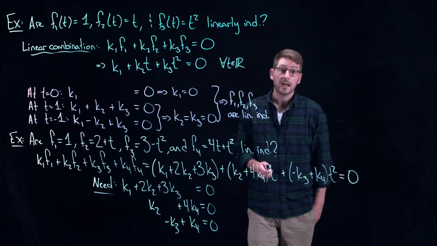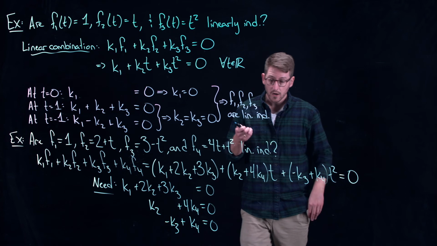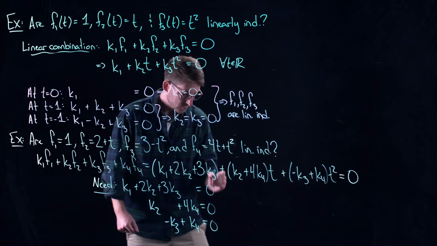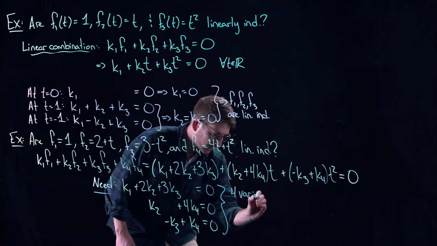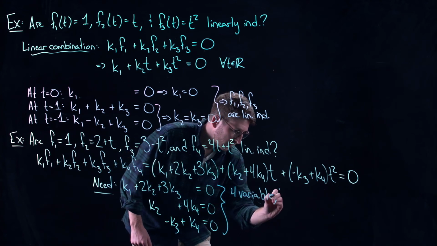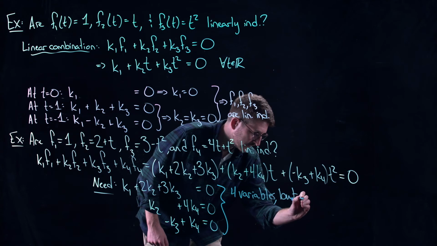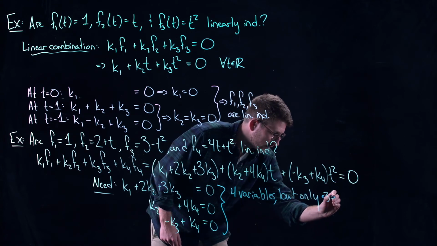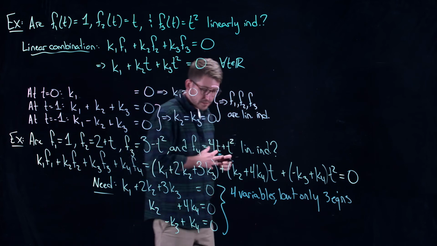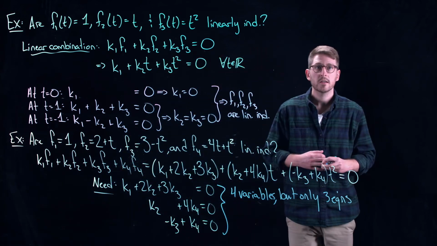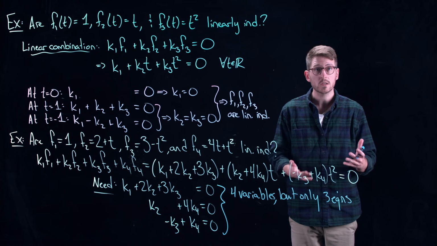So what does that tell us? Well, there are more variables. So let's take a note here. 4 variables, but only 3 equations. Now, from our linear algebra, this tells us that there has to be a non-trivial null space to this thing.